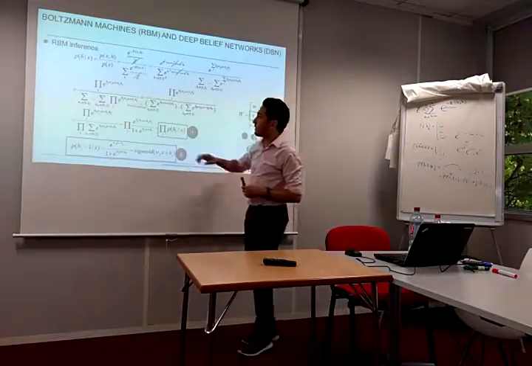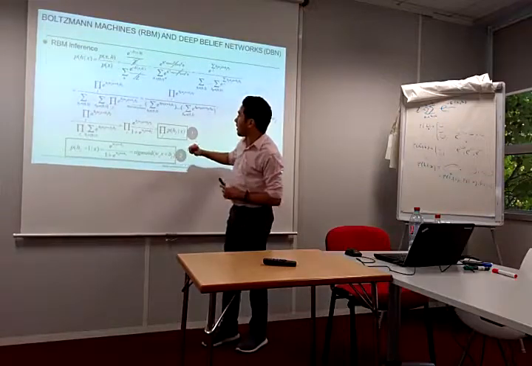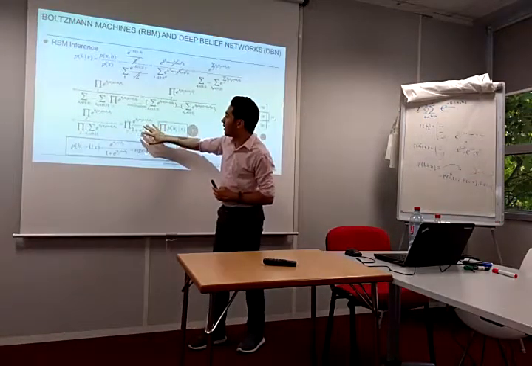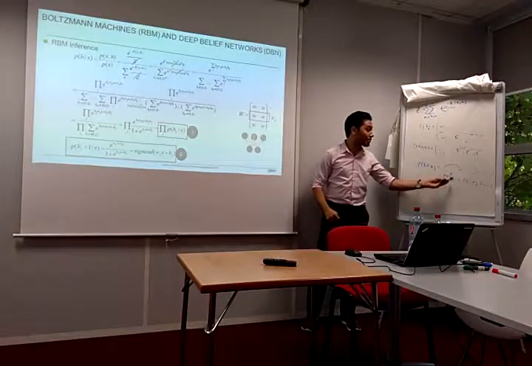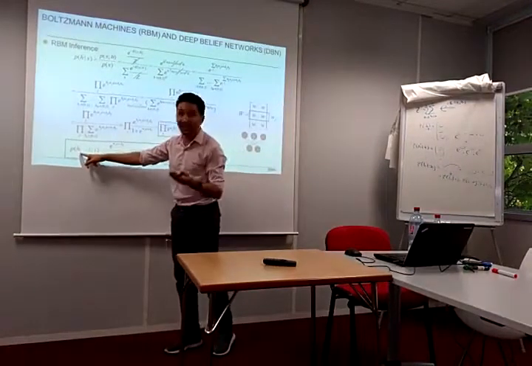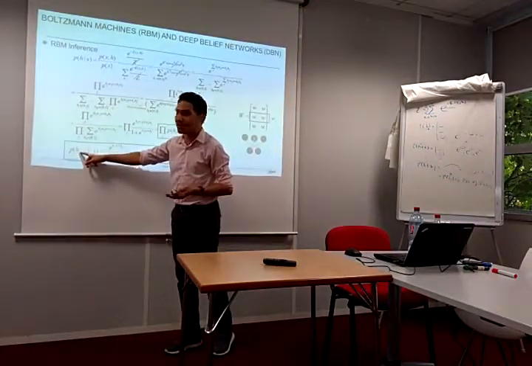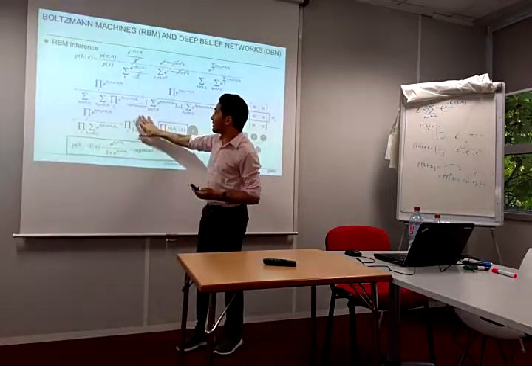So we say that this term here is equal to p of hj given x. So this is hj, not hk. It's any element of the vector is equal to this.